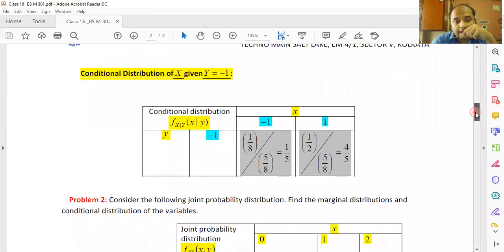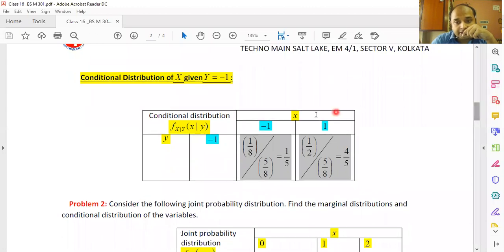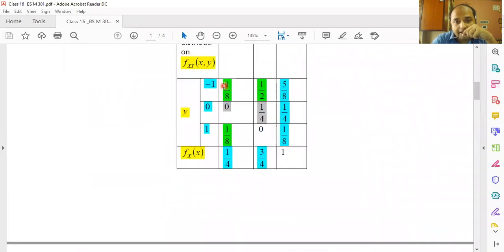The joint probability of X, Y at X equals -1 and Y equals -1, from the chart, is 1 by 8. And the marginal probability of Y at Y equals -1 is 5 by 8. So we are dividing 1 by 8 by 5 by 8.